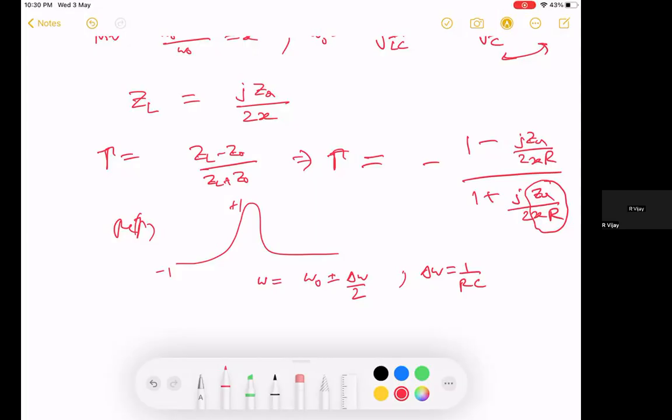I mean gamma, if you calculate gamma at frequency omega, which is omega naught plus minus 1 over 2 RC, you will see that that's the point where it will go to 0. So these are these points here in the middle where gamma goes to 0, and that basically gives you the width of the resonance.